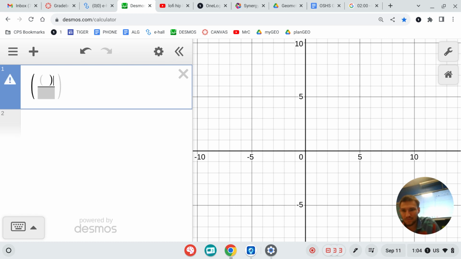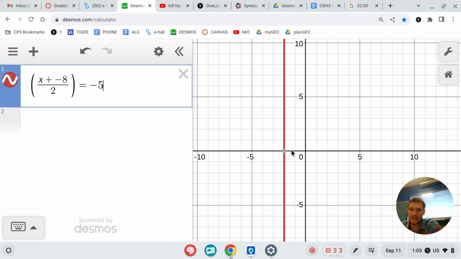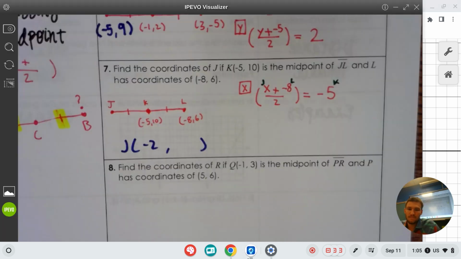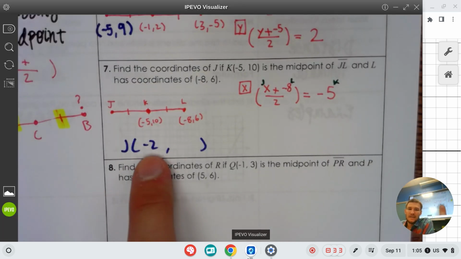Parentheses, fraction, parentheses. I'm going to do X plus -8 divided by 2, and that should be equal to -5. Desmos, done. That fast. What is the X value of J? -2. The x value of point J is negative 2.